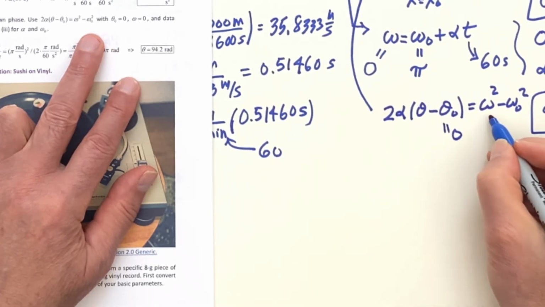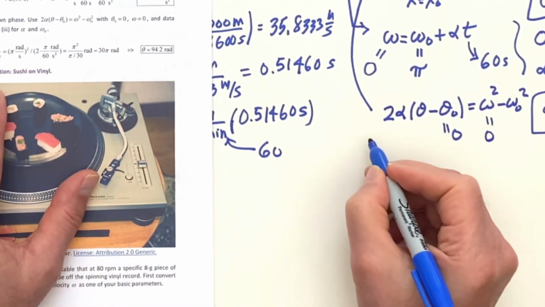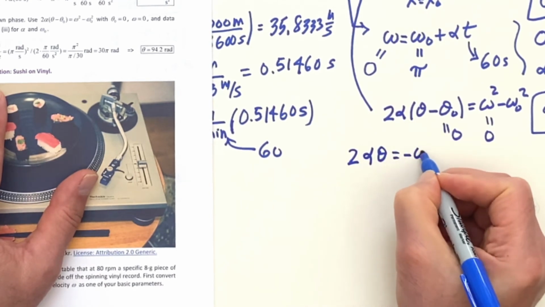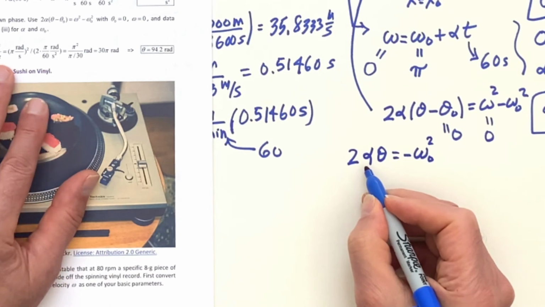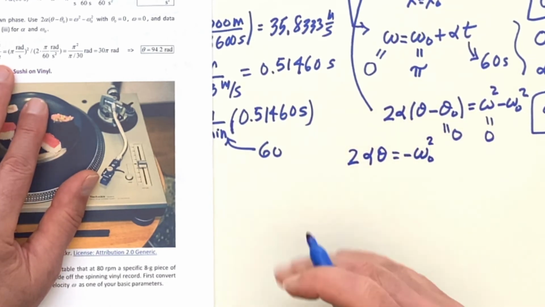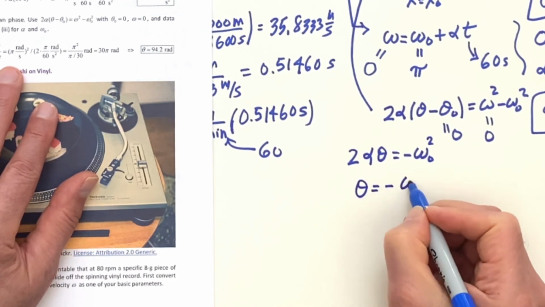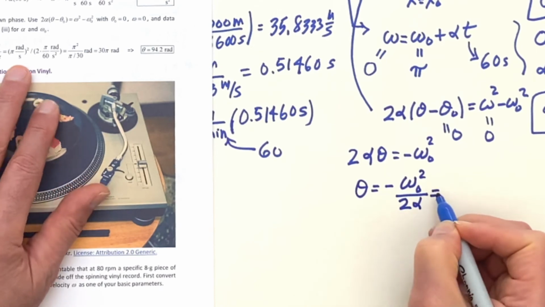And here the final omega is 0. Then we have 2 alpha theta is minus omega naught squared, but the alpha is negative. So we get a positive angle sweeping out as it's slowing down. So theta is minus omega naught squared over 2 alpha.